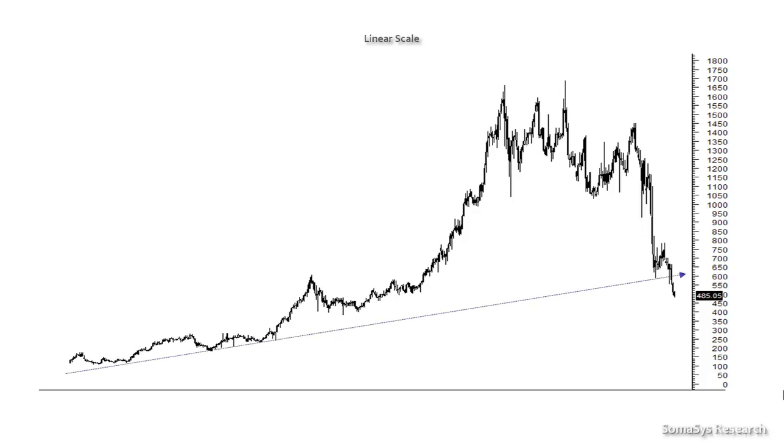Now someone who has drawn this trend line is watching for its break, which happens here. Another trader has drawn this trend line here and is watching for its break to exit the long position, which happens over here.